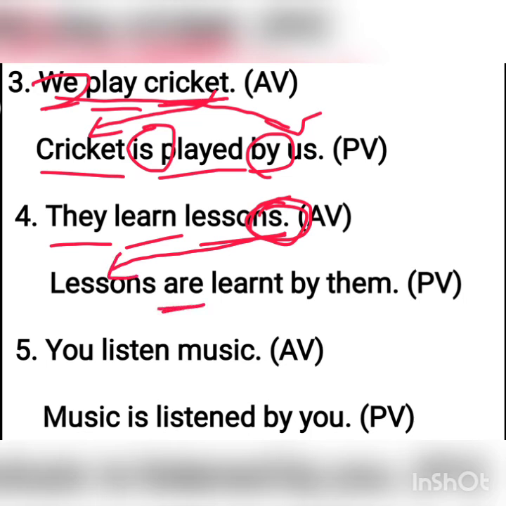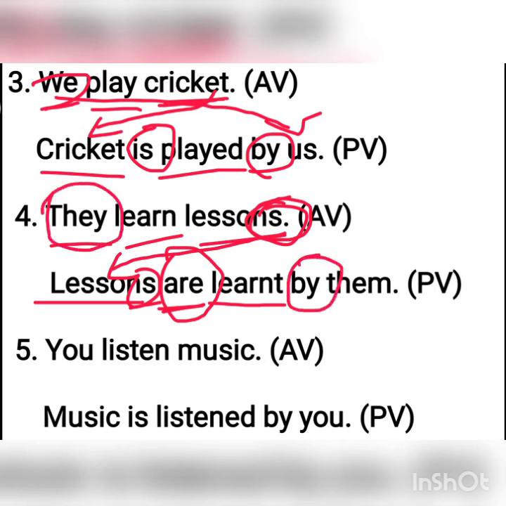Because lessons is a plural form, we should write the plural auxiliary, and after that the past participle verb learnt. After that we should write by, and the subject of the active voice they changes into them in the passive voice.